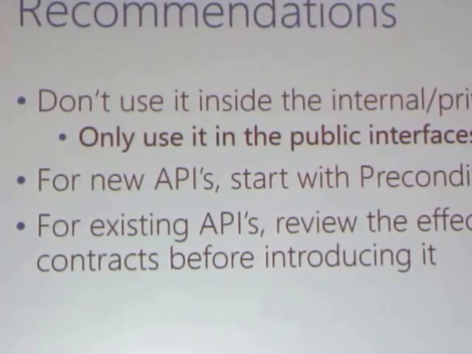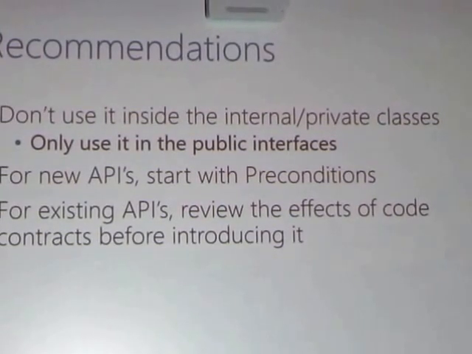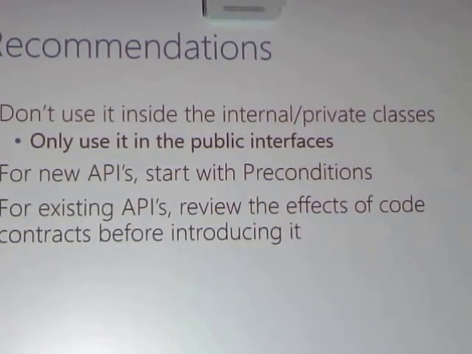So about recommendations, how we started and how we recommend. Try not to put this in internal and private classes. Again, it adds more noise, but usually internal private classes are under your control, so you know which inputs and outputs you expect.